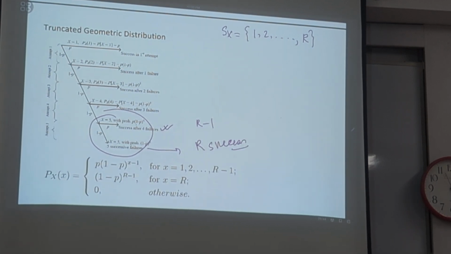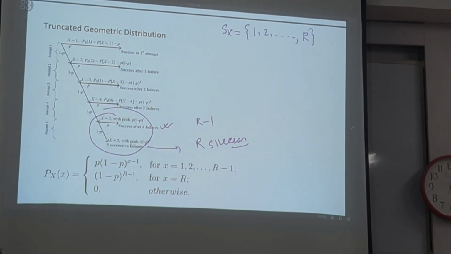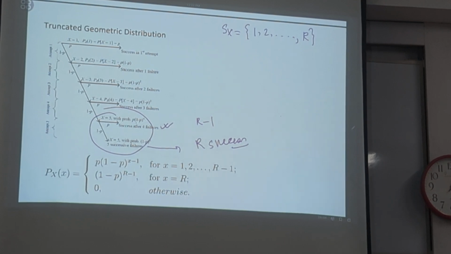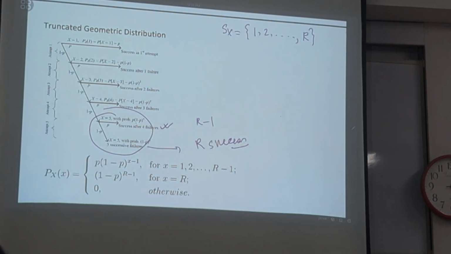So, it actually violates one condition of the geometric distribution. The geometric distribution always says we will end with a success. But here you can end with failure, no success. Is this clear? And we call it truncated geometric distribution. The question is, what will be the distribution?